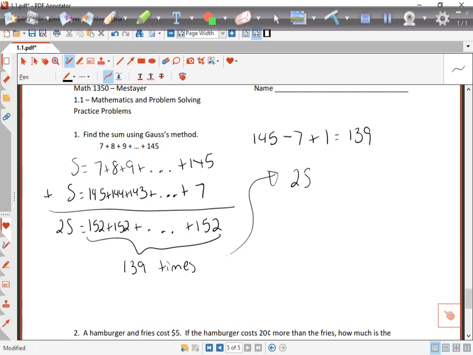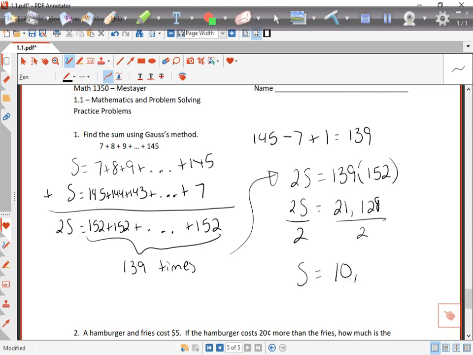So twice the sum is 139 times 152. That gives me 21,128. Divide by 2, and I get 10,564.